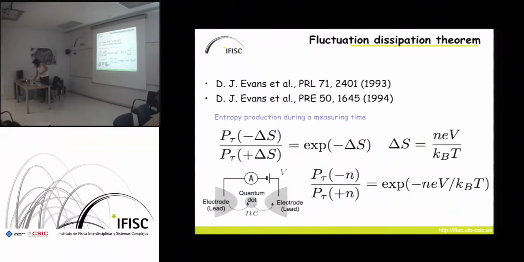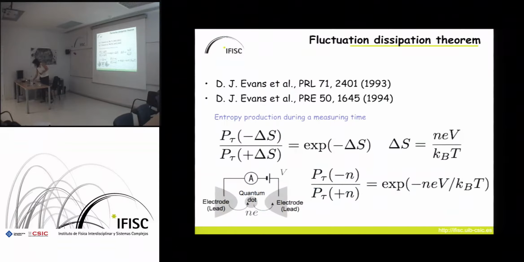This is a relation that always holds because it's the Green-Kubo formula that applies for the linear response regime. And now we are able to find some relations between the noise susceptibilities, that are the noises out of equilibrium, and the nonlinear conductances. And also, not only the noise, that is the second cumulant, but also the third cumulant, etc.